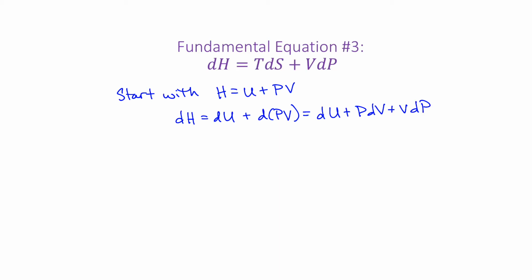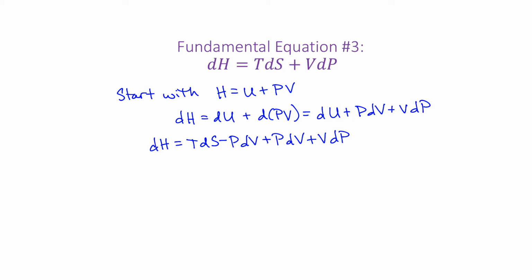So once again, we are going to invoke our fundamental equation number 1 for this internal energy. So we will end up with dH equals TdS minus P dV plus P dV plus V dP. It's a tongue twister.